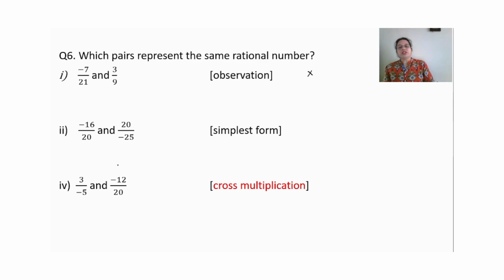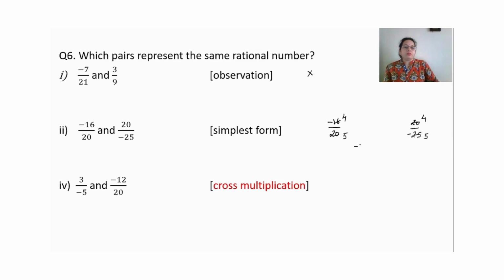Now the second method is the simplest form. You can convert into simplest form. So minus 16 upon 20, just convert this into simplest form. These two numbers are divisible by 4. So 4 4s are 16, 4 5s are 20. Now another number is 20 upon minus 25. Again these two numbers are divisible by 4. 5 4s are 20, 5 5s are 25.